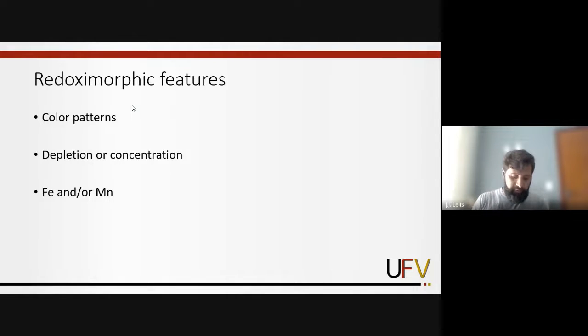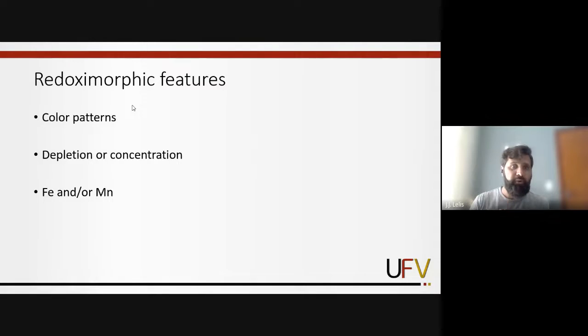And there are several important features about soil color that we have to describe. One of the most important is the reduximorphic features.